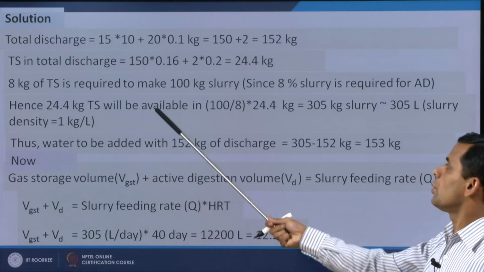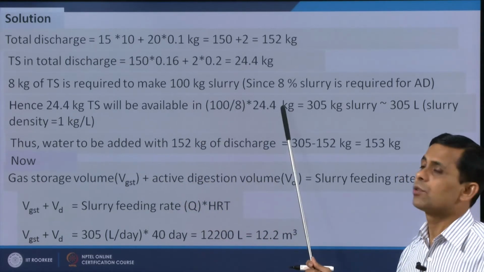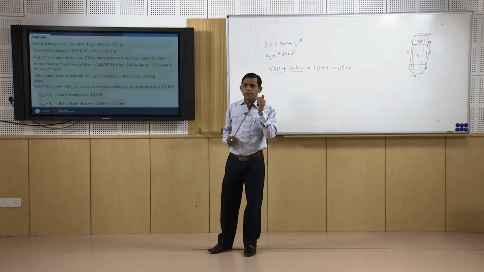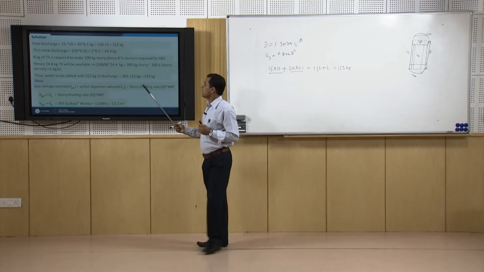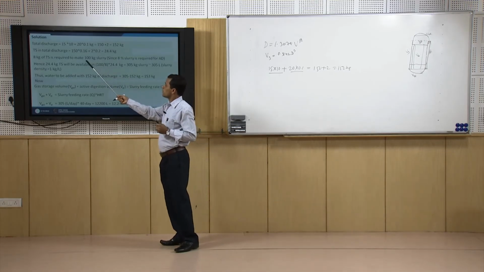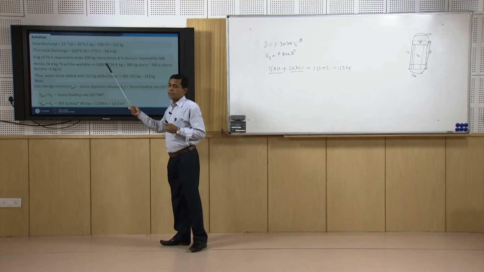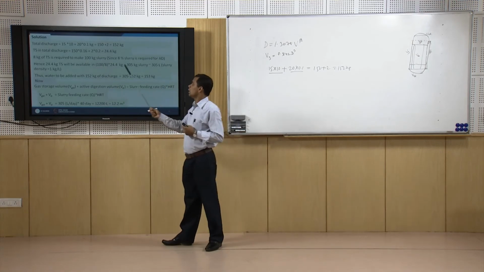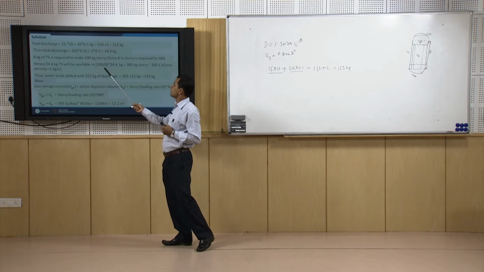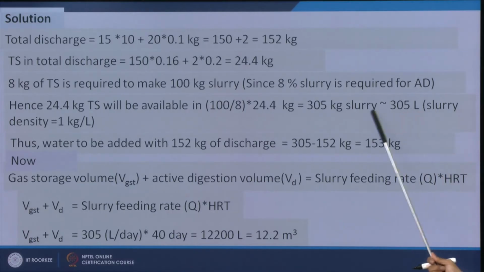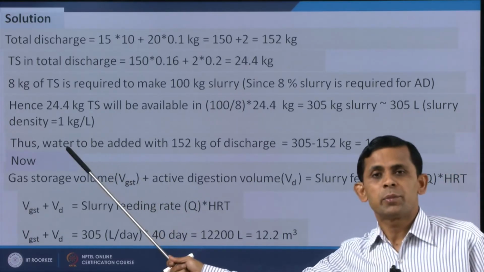That is equal to 100 divided by 8 into 24.4, because to accommodate 8 kg we need 100 kg total slurry weight. That is equal to 305 kg slurry, that is 305 liter, assuming that density is equal to 1 kg per liter.